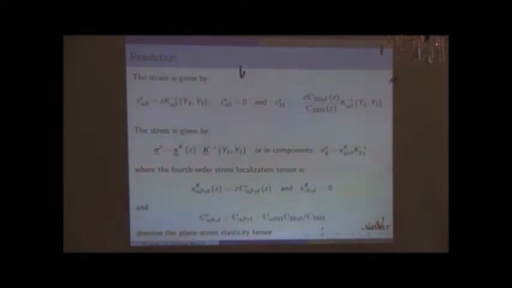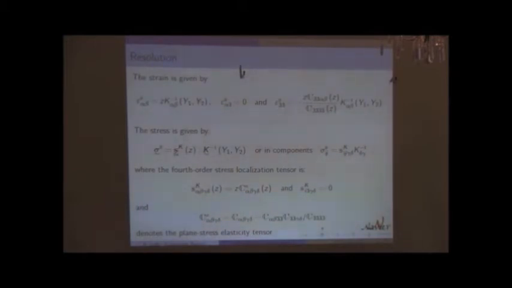This is a new notation. Those tensors are localization tensors. It's a fourth order tensor. You contract it twice with the curvature, and you get the local stress tensor.